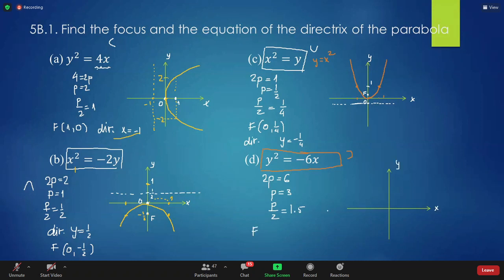That means at the point minus 1.5. Okay, I did it a bit too quickly. Minus 1.5, 0, and the directrix will be x equals positive 1.5. So now let's suppose this is 1, this is 1. Let's mark the scale on the axis.